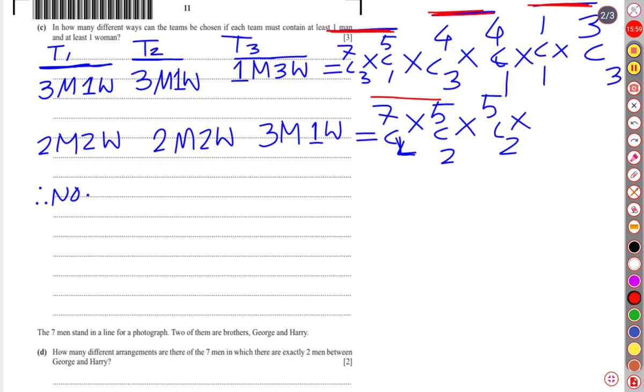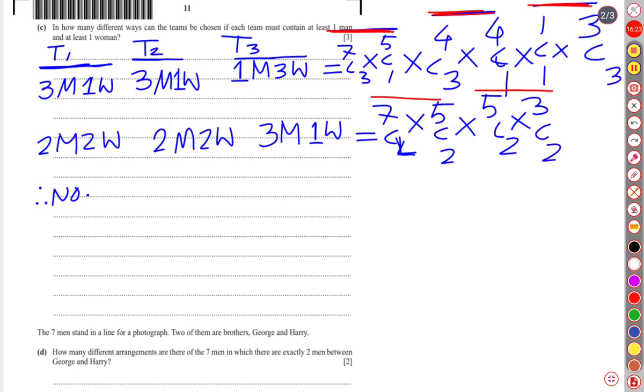Already 2 women have gone away, so there remain 3. From 3 we are choosing 2 women. Second team has gone away.